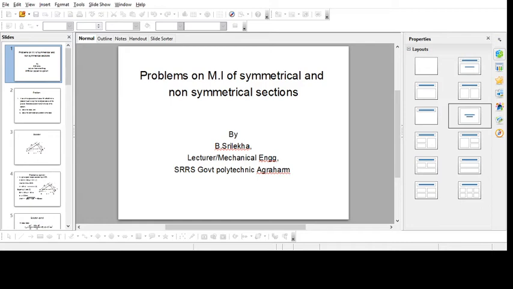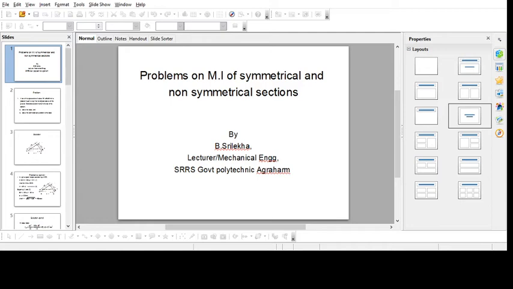So this one will give a value of 84 lakhs 2,857.36 mm to the power of 4. So this is how we calculate the moment of inertia about the axis.